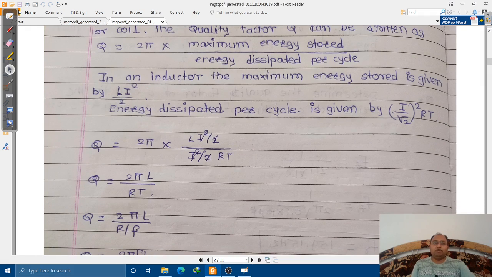Great. Now let us put these into the equation. Half Li square goes in the numerator and this goes into the denominator.